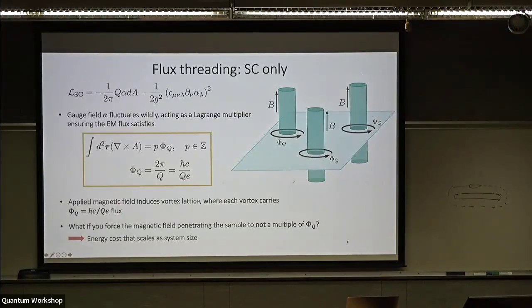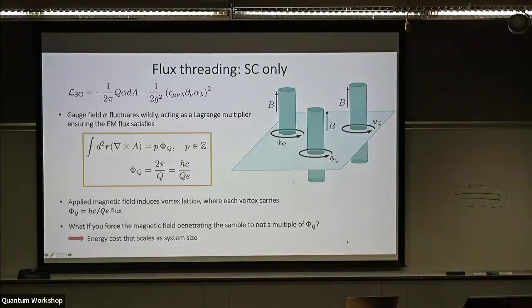So I already just went over this. For a charged superconductor, our flux is quantized in units of 2 pi over q. Typically, q is equal to 2.